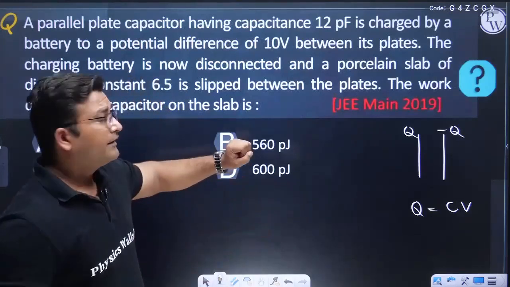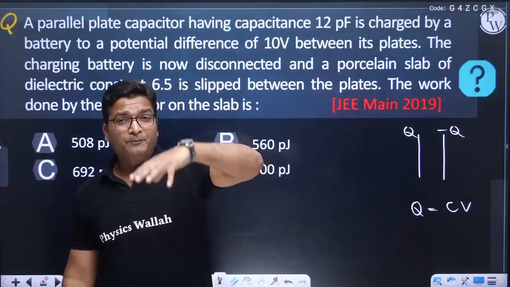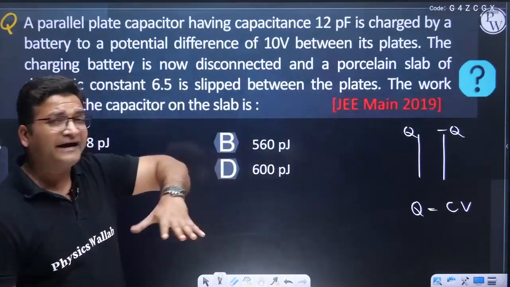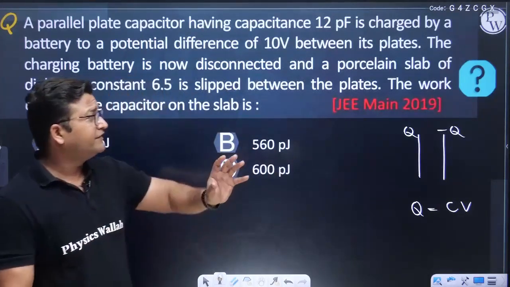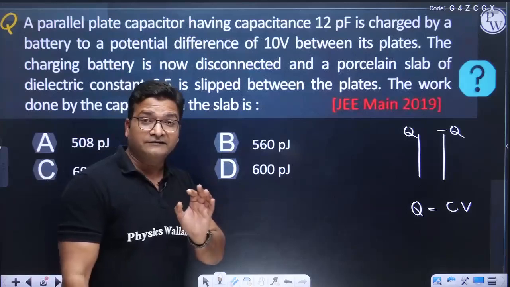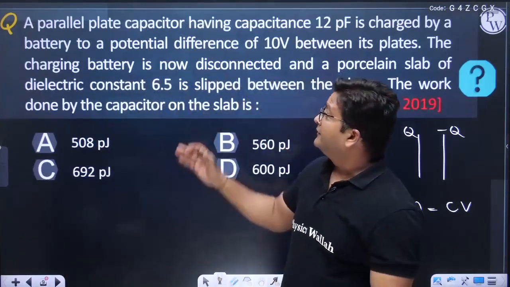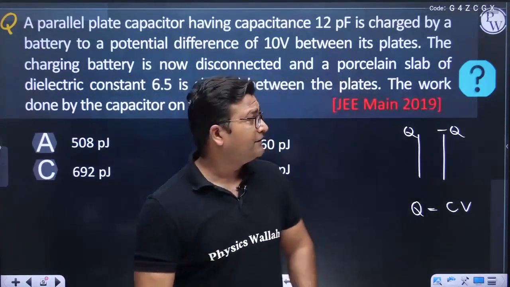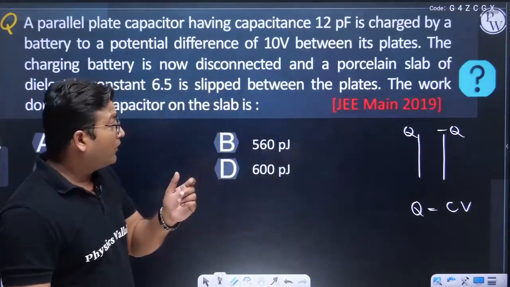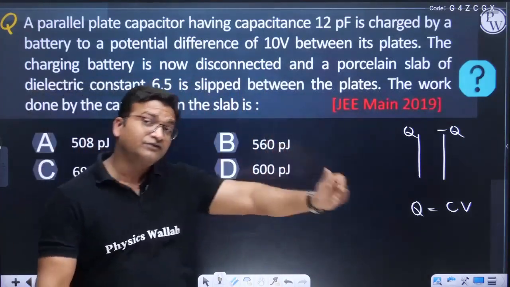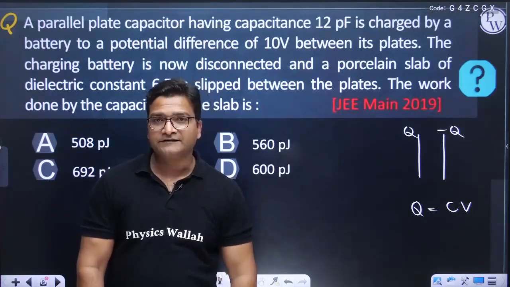Now they are asking, if we put a porcelain slab, porcelain is a kind of insulator, so a porcelain slab is simply a dielectric slab of dielectric constant 6.5, now slipped between the plates. What will be the work done by the capacitor on the slab?